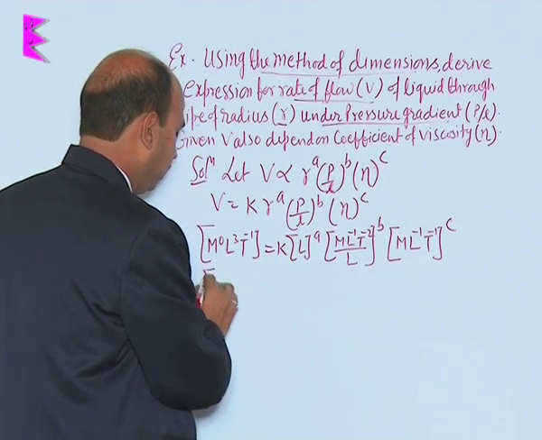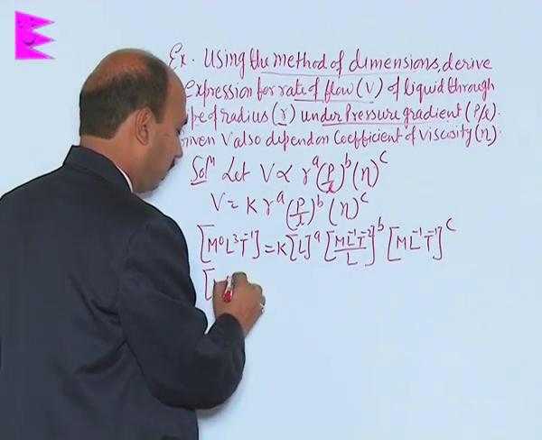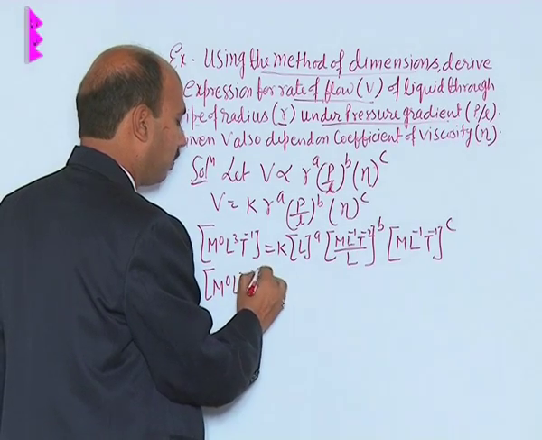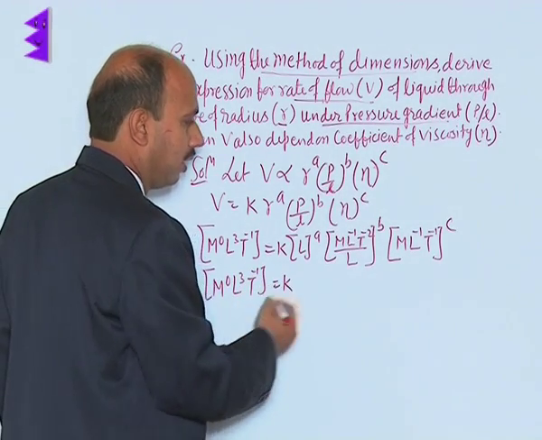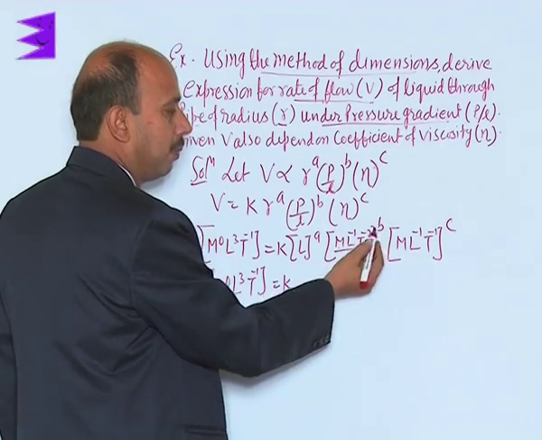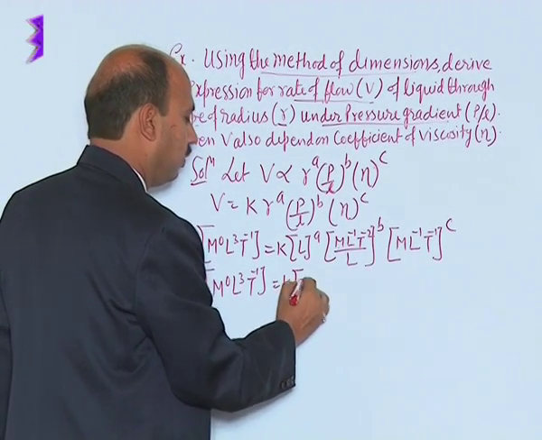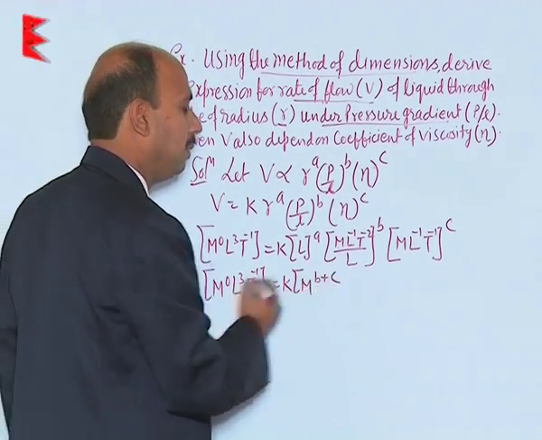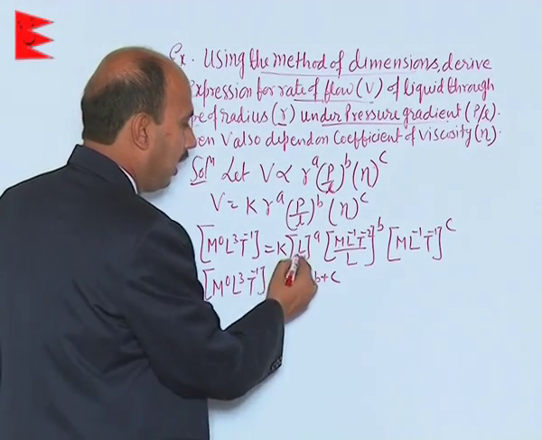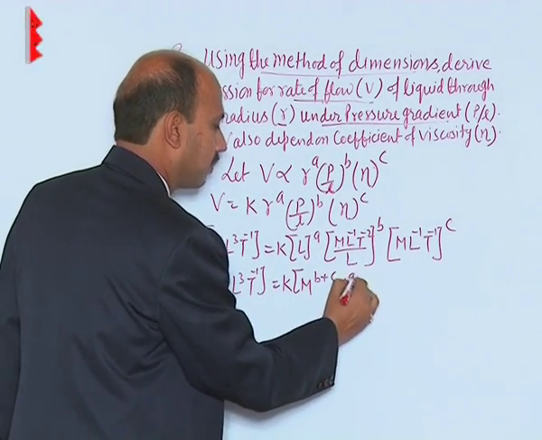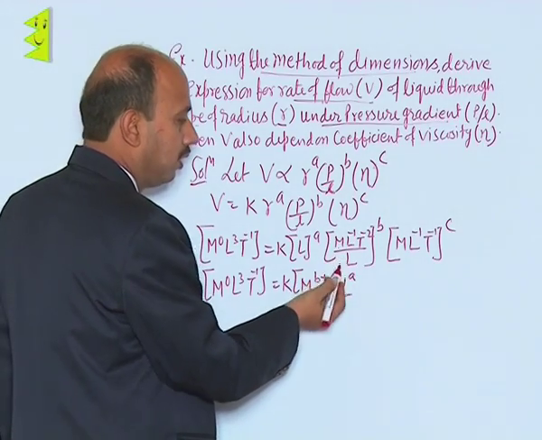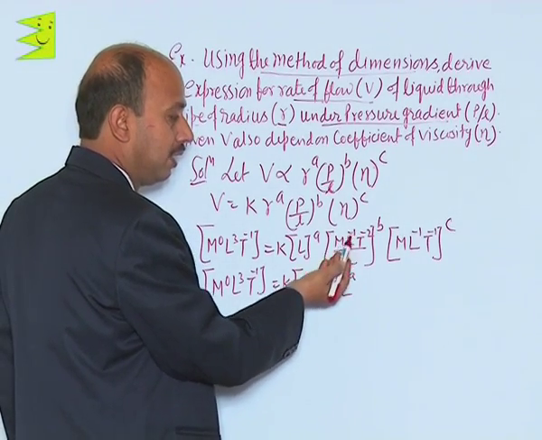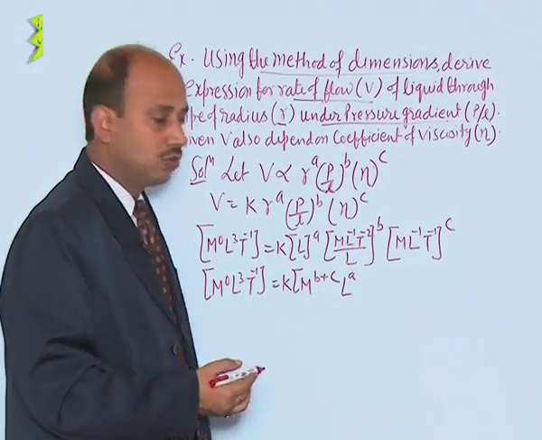If you solve it here, you will be getting m raised to power 0 L cube T raised to power minus 1 is equal to k. Here see m raised to power b and m raised to power c. So, first we can write m raised to power b plus c. Here L raised to power a, and L minus 1 will go up, so minus 2 into b.